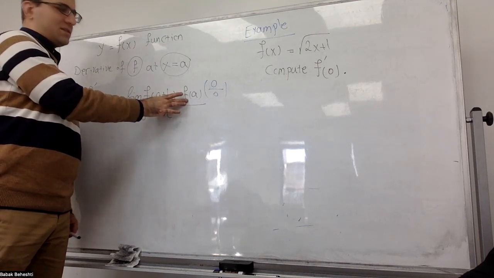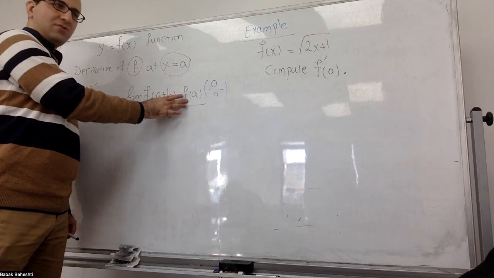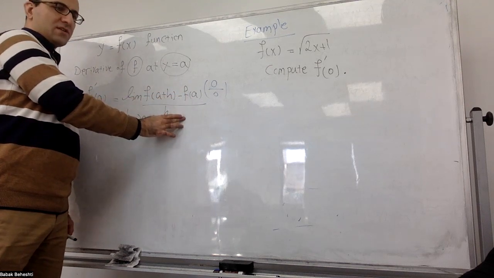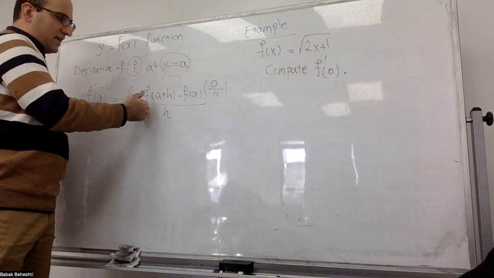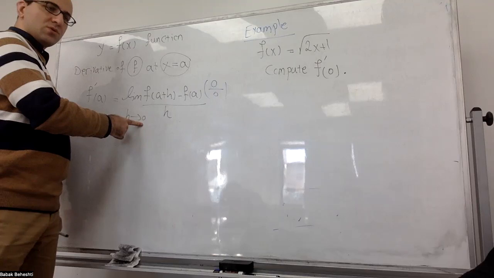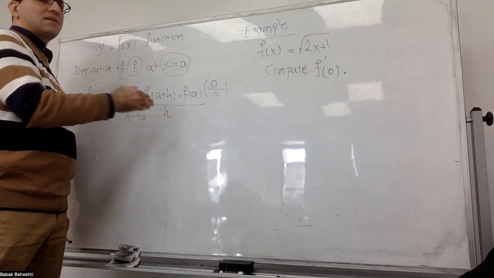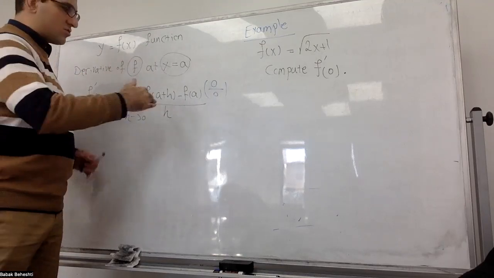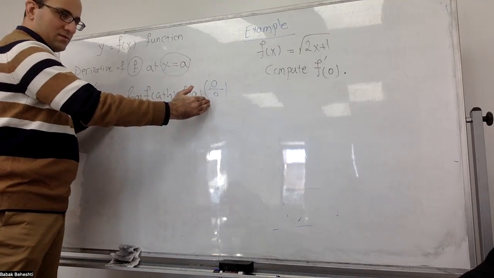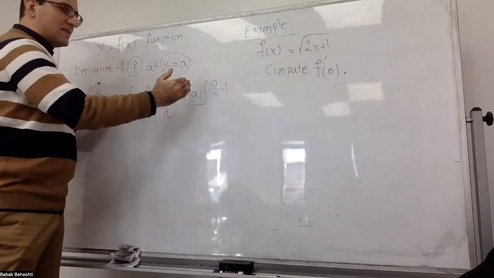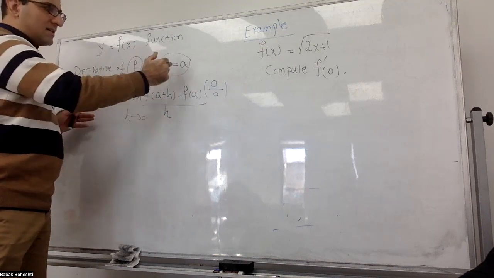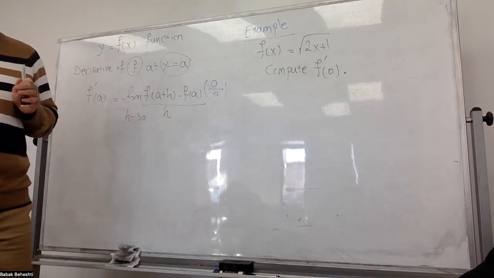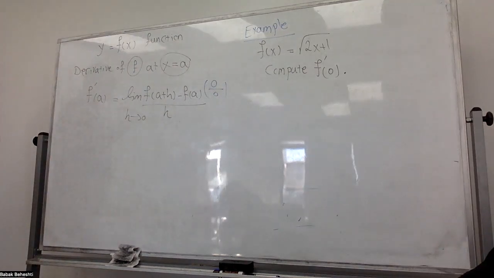So this numerator is the change in y values. This is the change in x values. So this is the rate of change of the function f. As h goes to 0, it becomes the instantaneous rate of change.